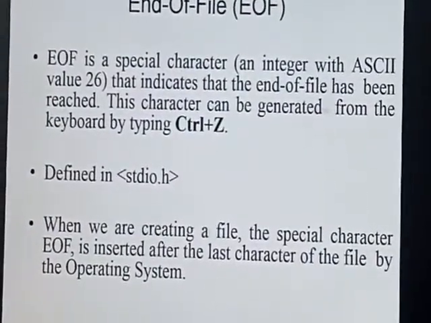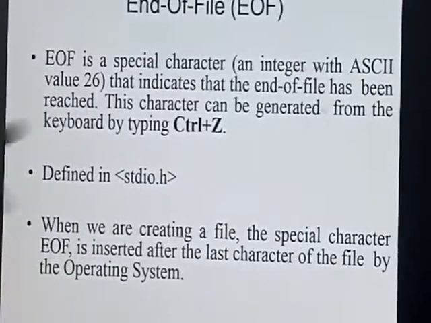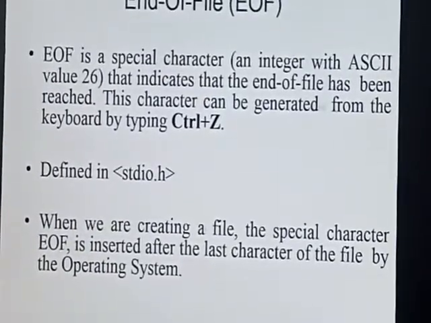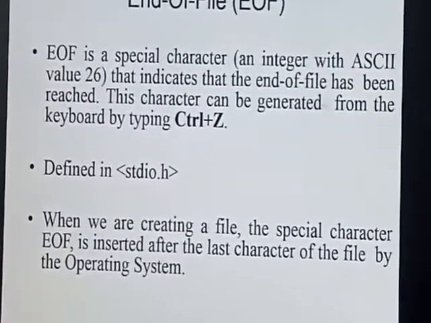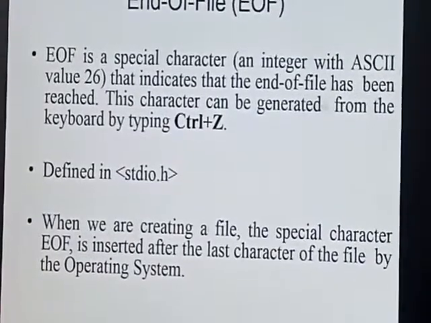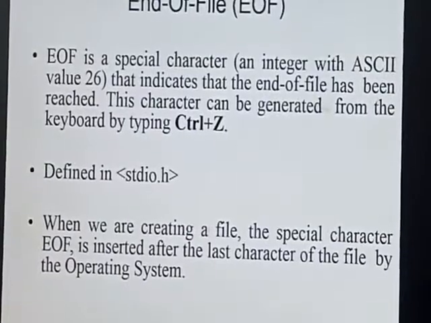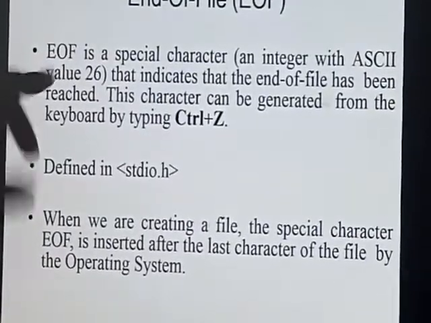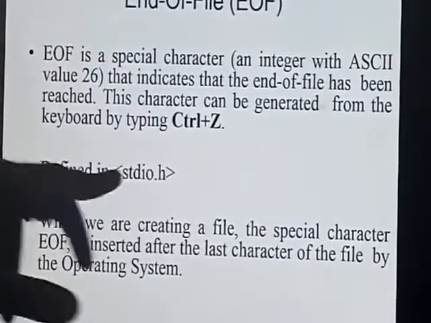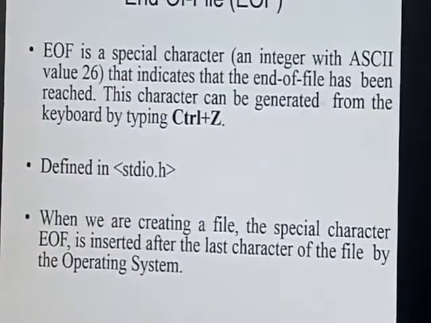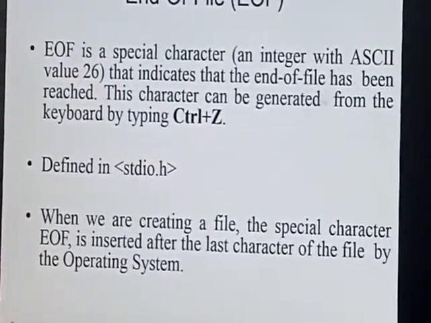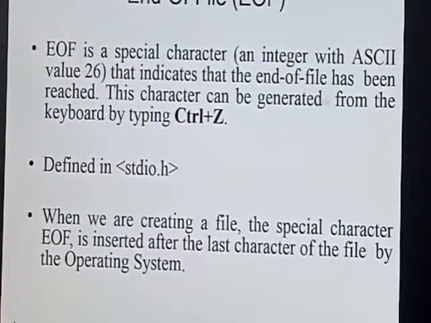In the case of ASCII values, it is 26. If you read the entire string, the EOF intimates your file pointer that you are at the end and it is not required for you to read further. The end of file character is defined in stdio.h. For every file it should end with the character EOF.